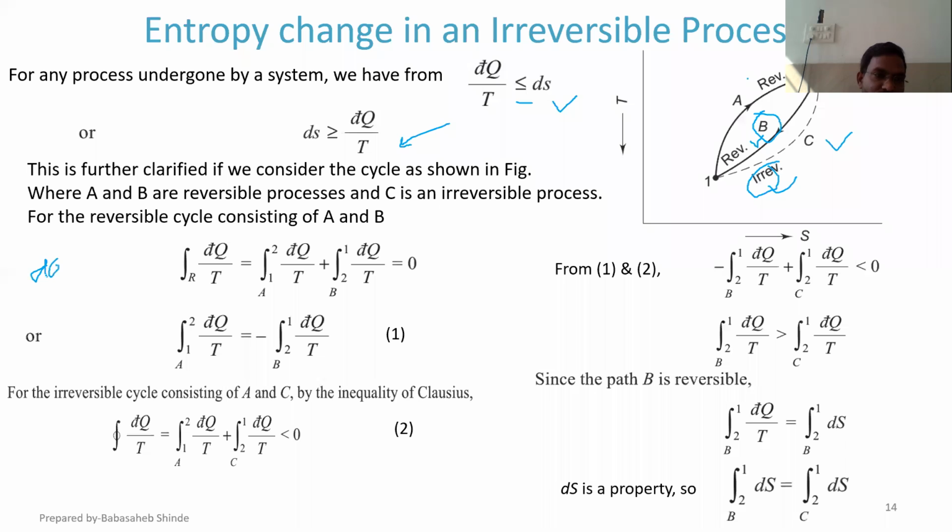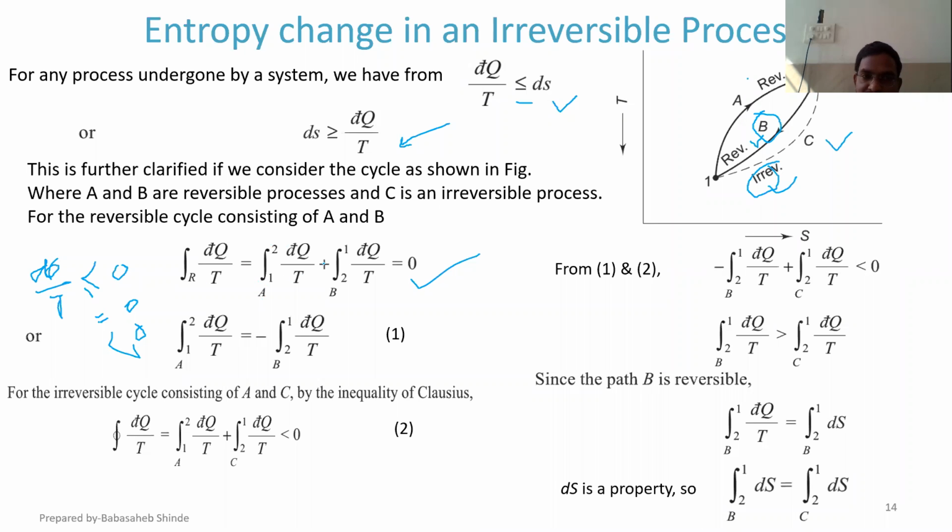We just wrote it over here, right? The cyclic integral of dq by t is less than or equal to 0 for any process: if it is equal to 0, reversible; if less than 0, irreversible. So for the first one, when both paths are reversible, the integral of dq by t is equal to 0, and it has been split into two paths, A and B.